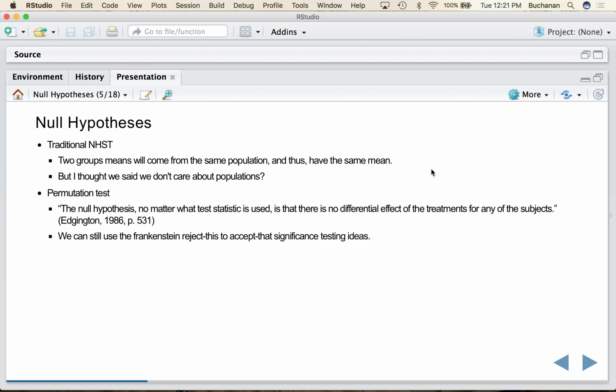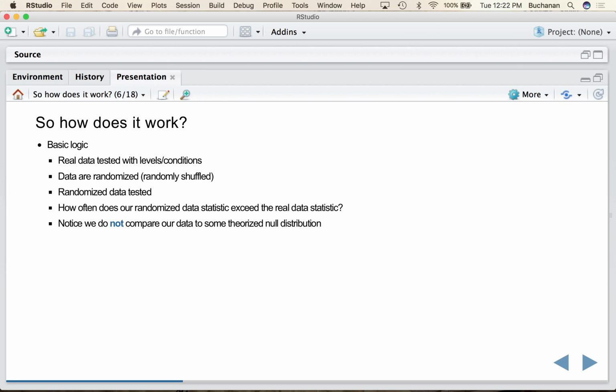A random shuffle will give me the same results. And so I'll have a high p-value because the probability of getting random results is the same as the probability of getting this result. Okay, I probably shouldn't have said it that way, but it's the idea that we're going to get as many random results as we are this real result because there is no differential effect for groups.